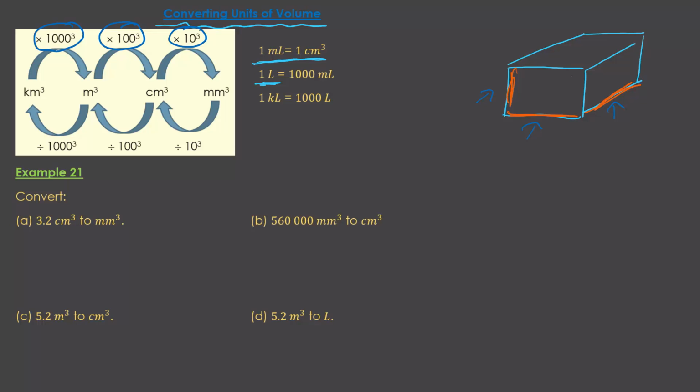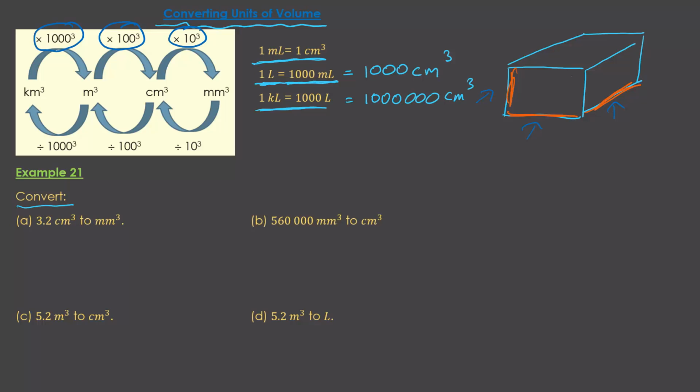And that means that if 1,000 milliliters makes a litre, then a litre is also 1,000 cubic centimetres. There's also a unit called the kilolitre, which is 1,000 litres, and therefore is 1 million cubic centimetres.